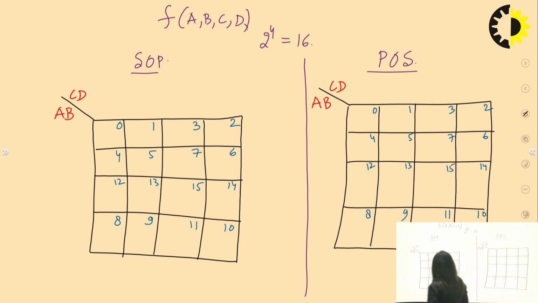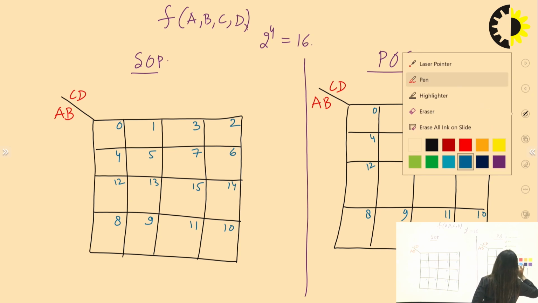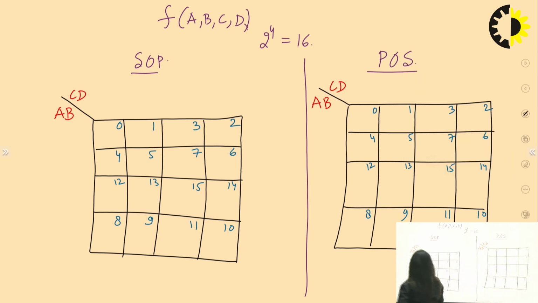Don't do that. Now here, I will write A bar, B bar, C bar, D bar.